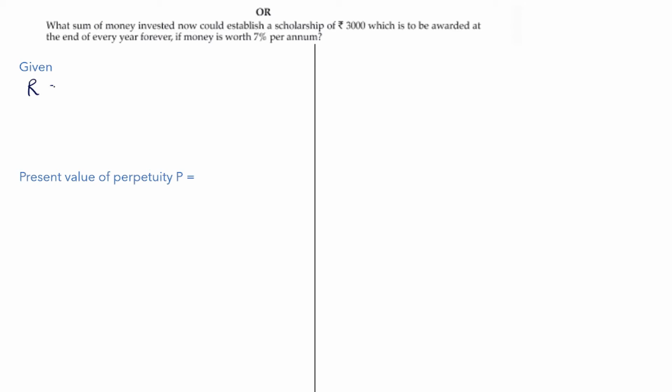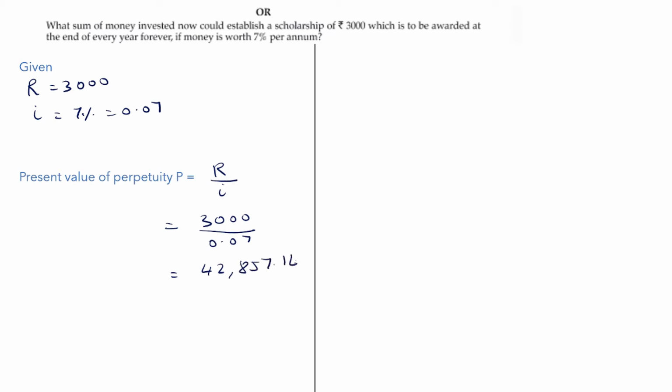Given R is 3000 and I is 7%, that is 0.07. The present value of perpetuity P is given by R upon I. So it is 3000 upon 0.07. When we simplify, we get 42,857.14. Therefore, P is equal to rupees 42,857.14.